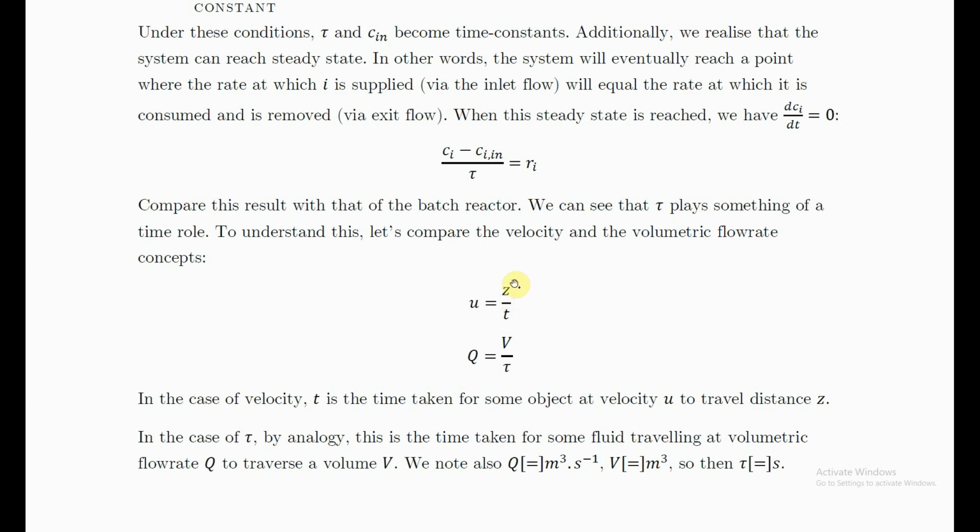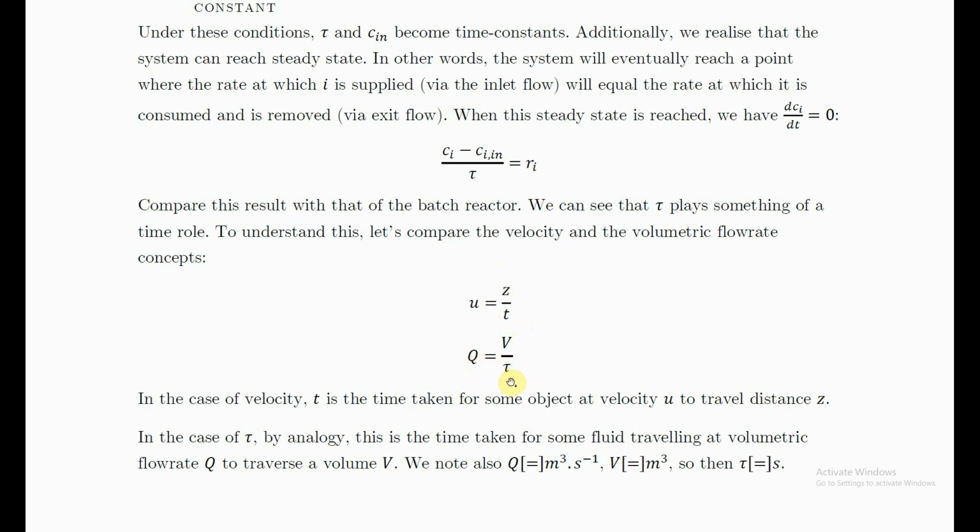So the movement in z divided by the time taken for that movement is the velocity. Now, in a similar way, we have, in our case, volumetric flow rates and volumes, and we've defined this tau. So we said tau is V over Q, or we can write Q equals V over tau. So we can say volumetric flow rate is analogous to velocity, and volume is analogous to a spatial position.